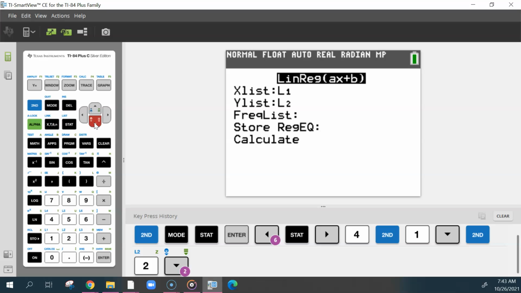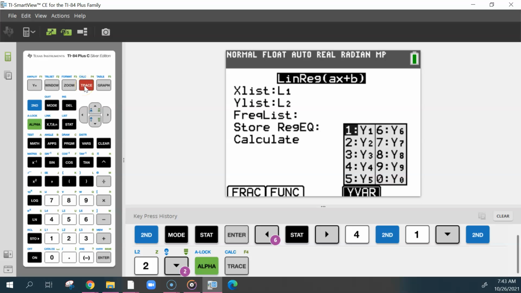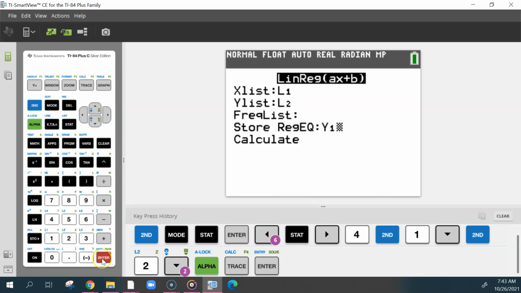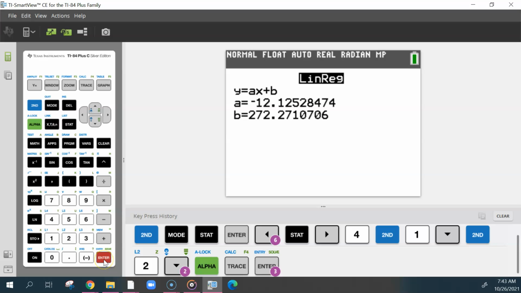Go down to store regression, hit alpha, hit trace, so this menu pops up. Store it wherever you want. I think mine is already in Y1, but I'll restore it in Y1. And then enter until it calculates.